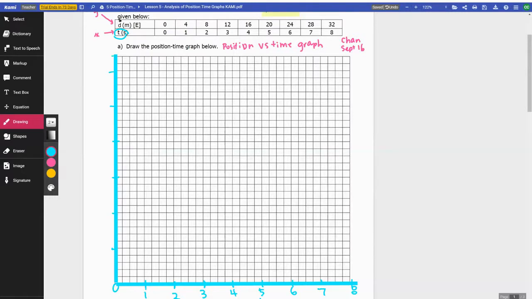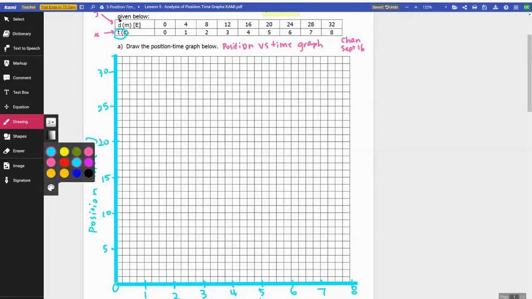They actually gave it all the way up to 32. So this is probably a bit too easy, but every tick is 1. So this is 5, 10, 15, 20, 25, 30, and it goes all the way up to 32. And then I'm going to label my axis, position, and don't forget your unit and the direction that goes with it.